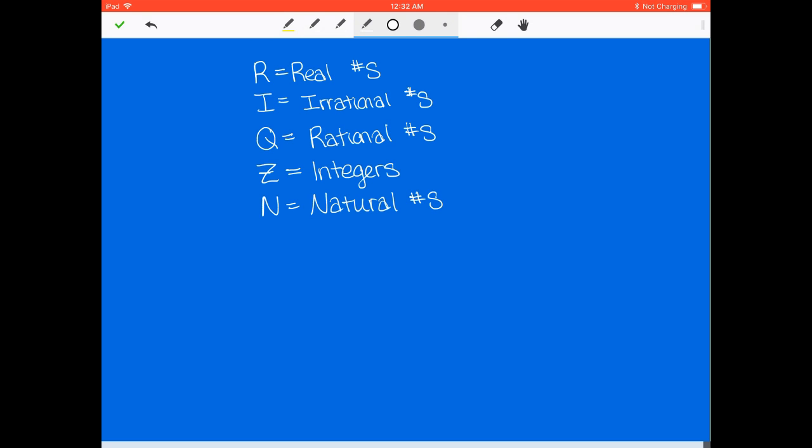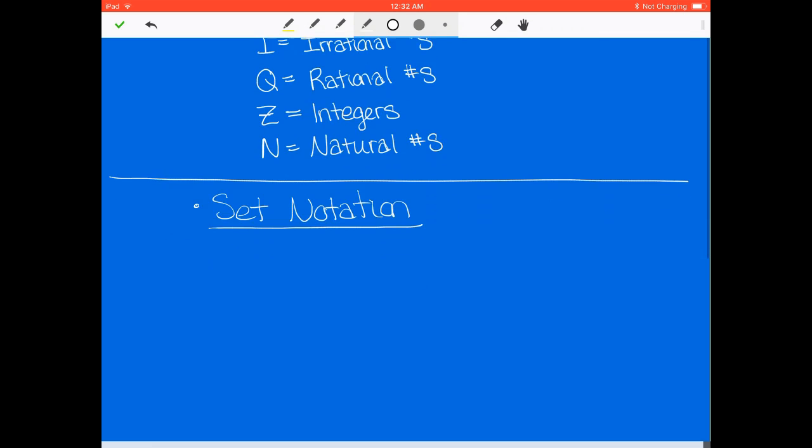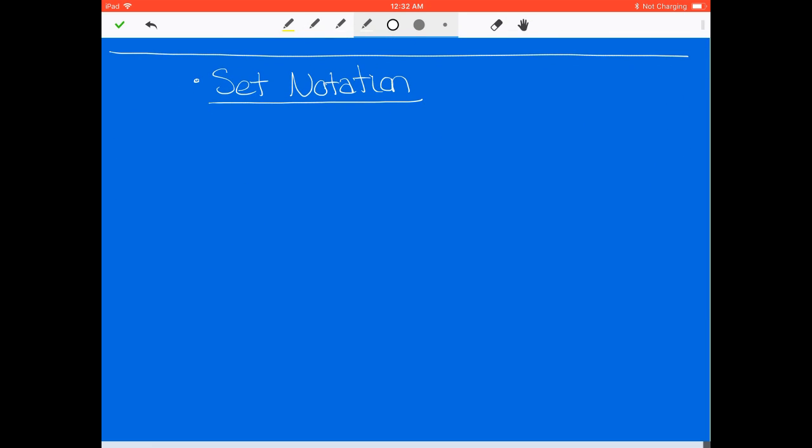So just like the example I just used, we're going to use that example to help us understand set notation. Here's that example.